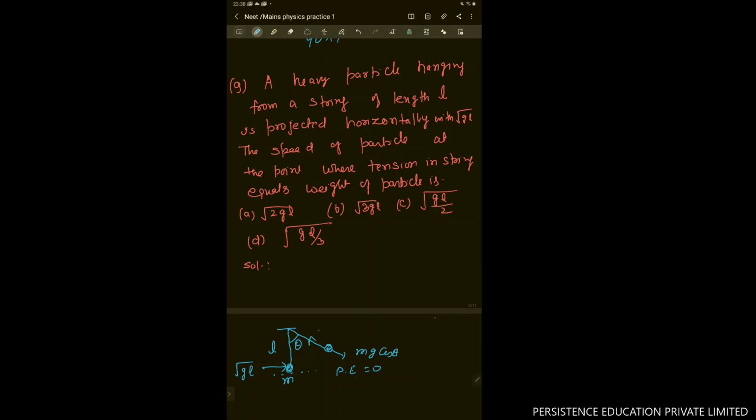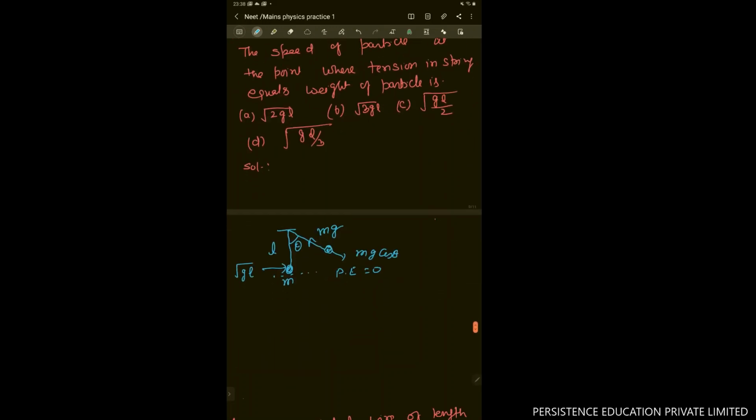This is tension, and tension is given in the question as mg. So you can write the condition for circular motion: mg minus mg cos theta is the net centripetal force in the inward direction, that is equal to mv square upon L. I've taken the velocity at this point as V. This is the first step.